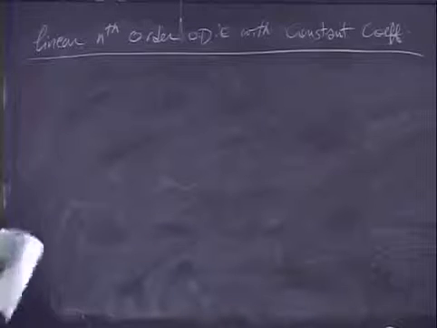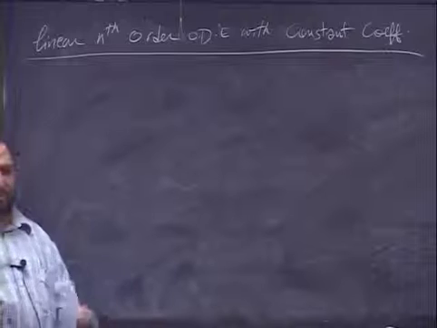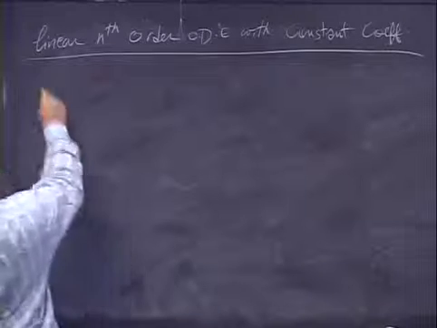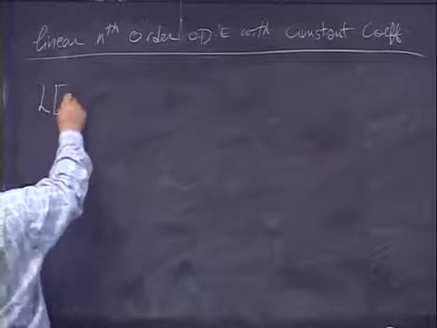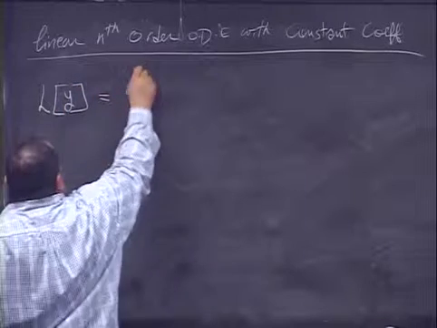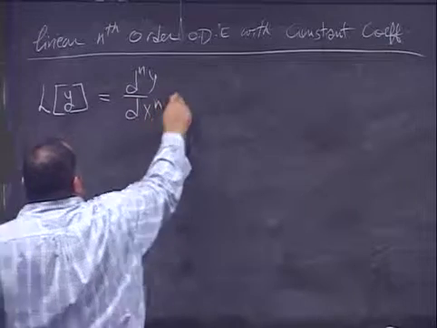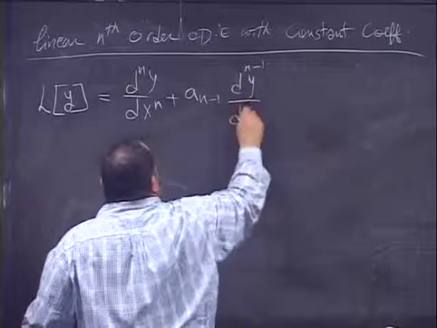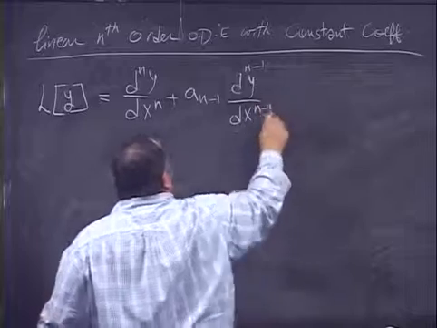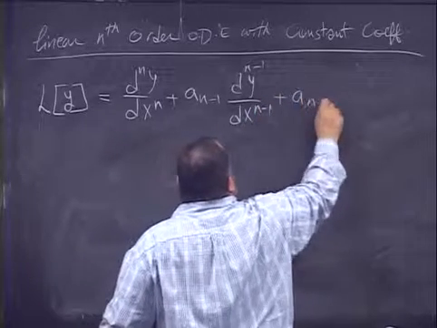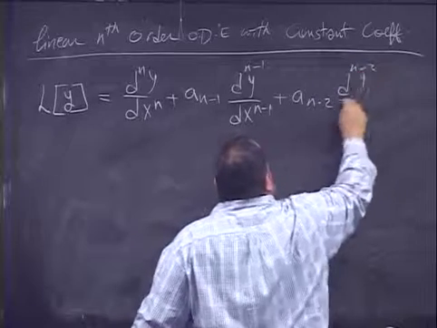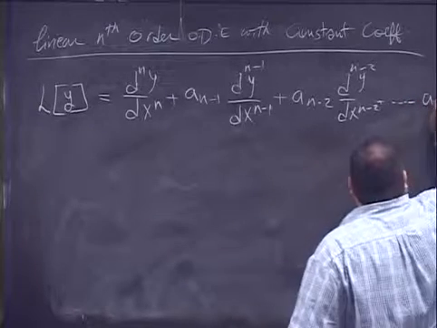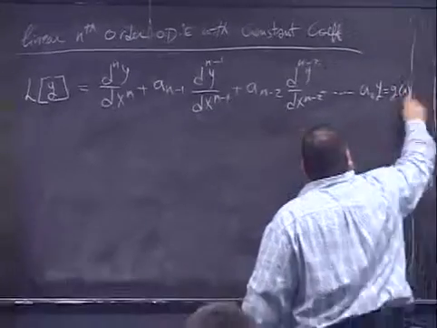So instead of writing every time d^n by dx^n of y plus d^(n-1) by dx^(n-1) and so on, we will write this as a linear operator L operated over y, and this is d^n y by dx^n plus a_(n-1) d^(n-1) y by dx^(n-1) plus a_(n-2) d^(n-2) y by dx^(n-2) plus a_0 y equal to g of x.